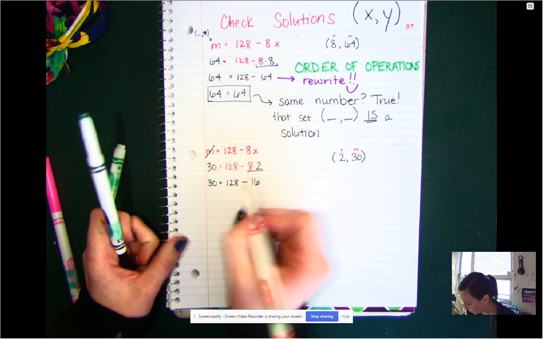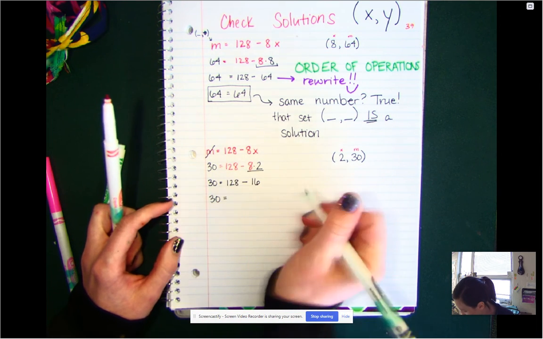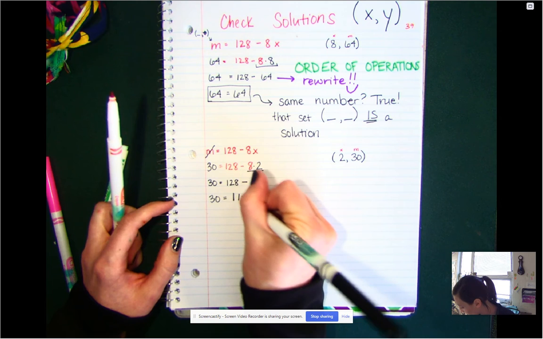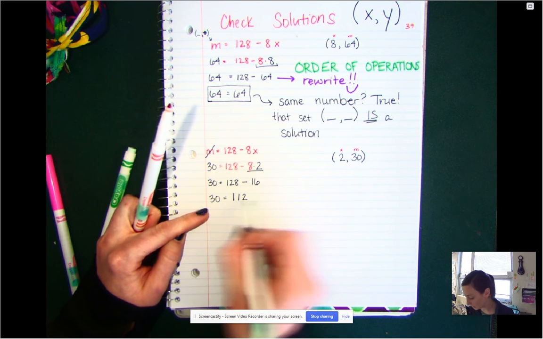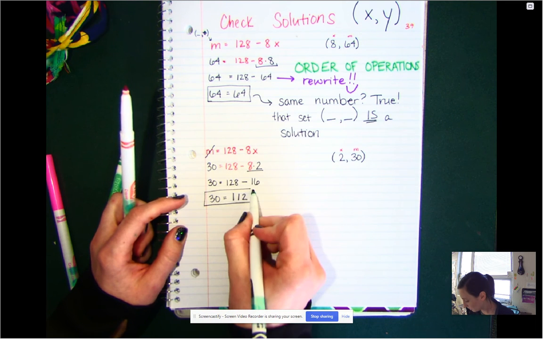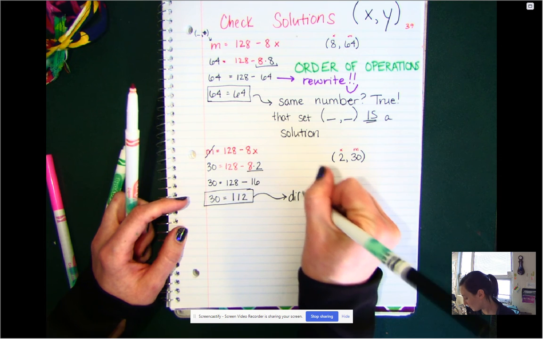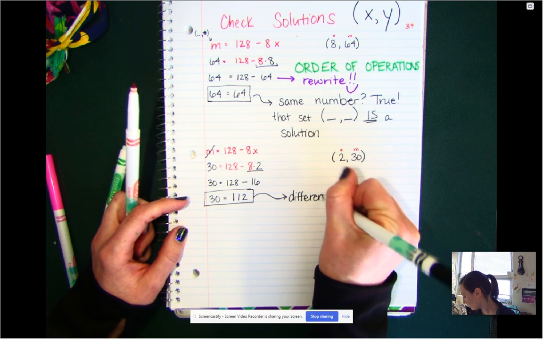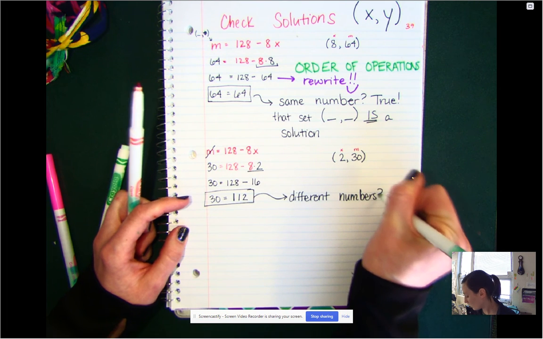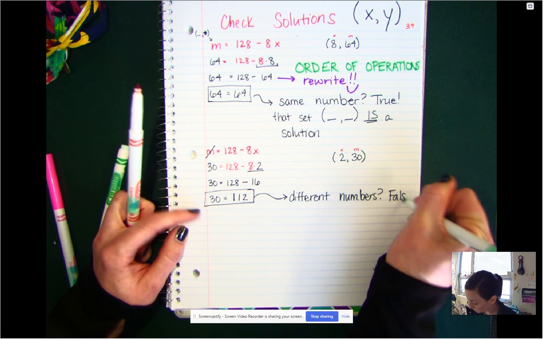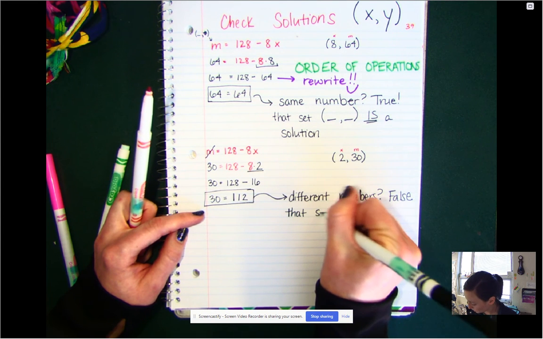So now 128 minus 16 is 112. 30 is not the same as 112, which means that this equation is false, and it means that that set is not a solution.